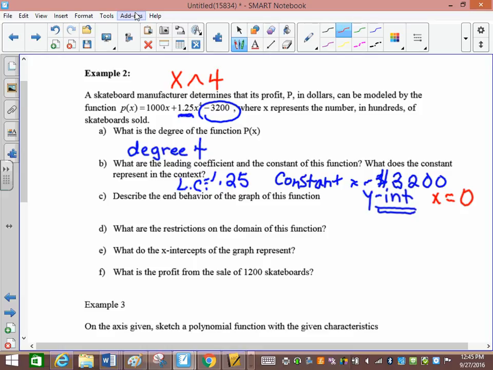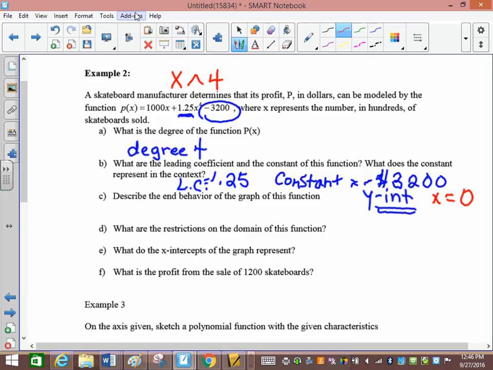Now remember, our window, let's think about this. Profit can be negative and positive, yes? So we know that our y minimum is going to be at least negative 3,200, so we can see the y-axis where it's profit. So we make our y minimum negative 3,200. I'm going to make my y maximum 3,200 just to see what it is.